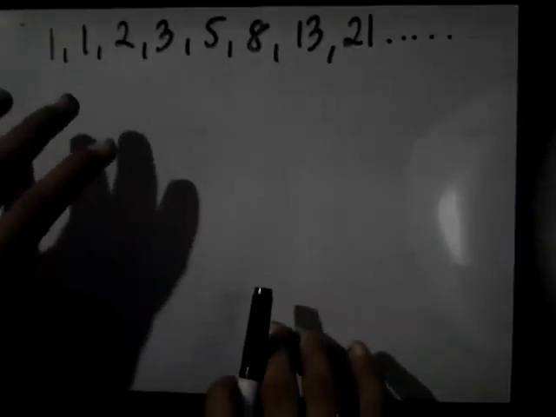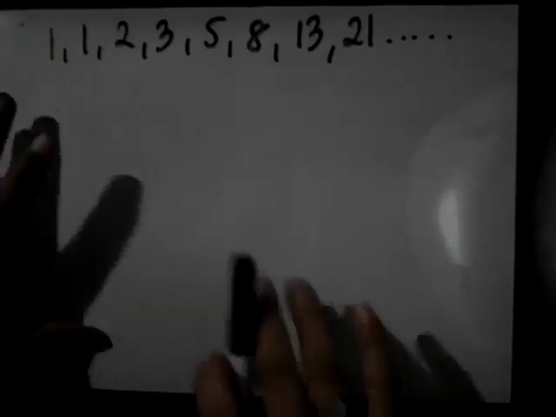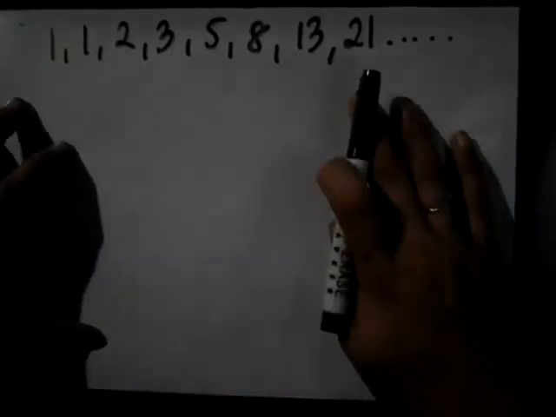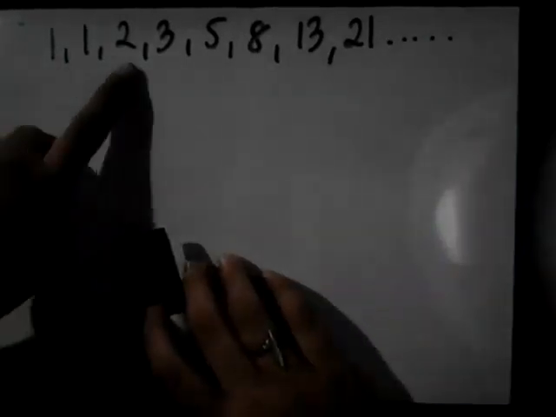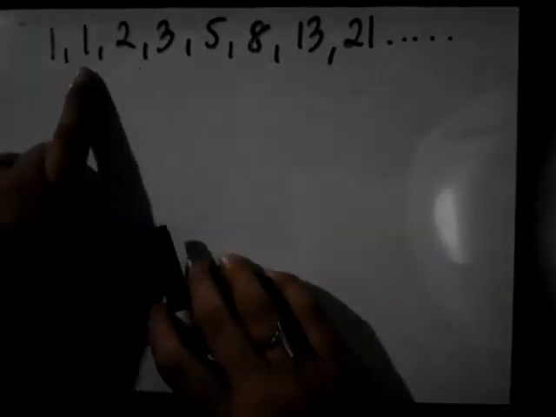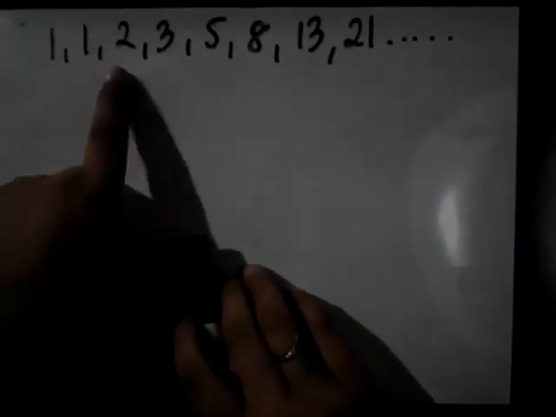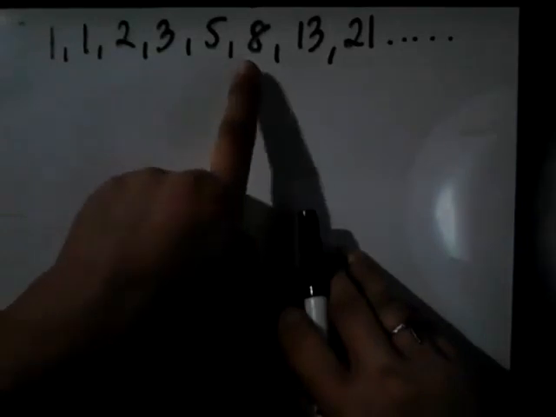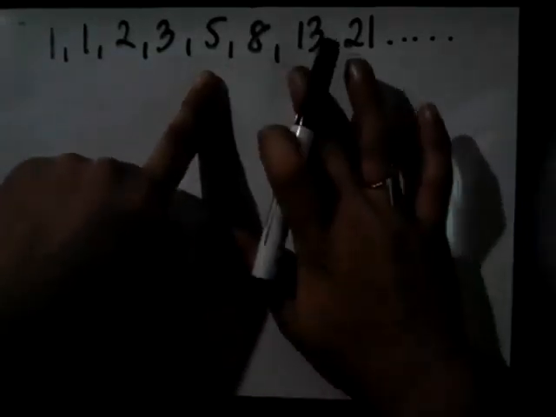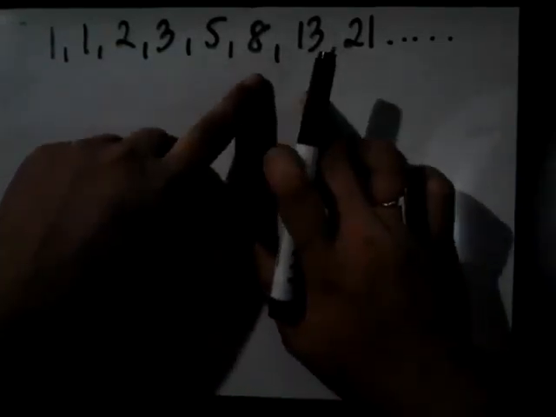Each number in the sequence is the sum of the last two numbers. So 1 plus 1 is equal to 2, 2 plus 1 is equal to 3, 3 plus 2 is equal to 5, 5 plus 3 is equal to 8, 8 plus 5 is equal to 13, and 13 plus 8 is equal to 21.